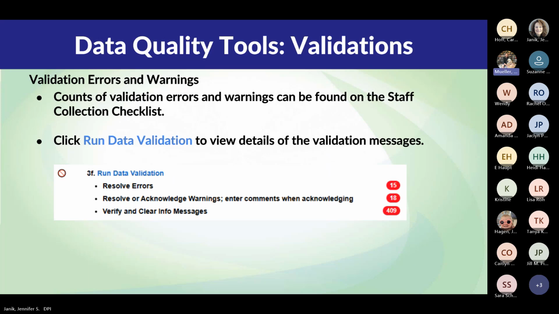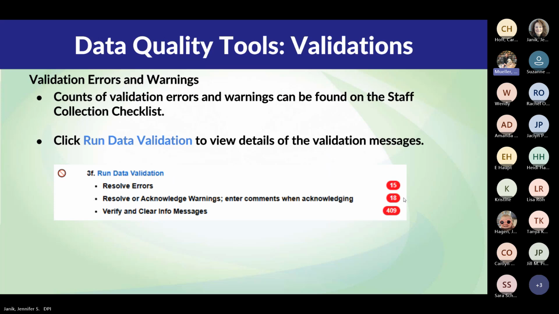There are several places you can go to view your active validation messages and warnings. You'll see them on the staff collection checklist under task 3F, run data validation. The number of errors will show in red, indicating they must be resolved before final certification. The number of warnings also show in red when they are active and not yet acknowledged.